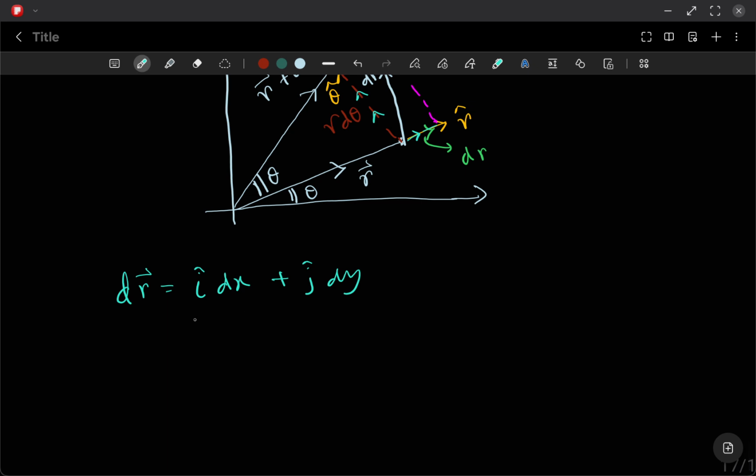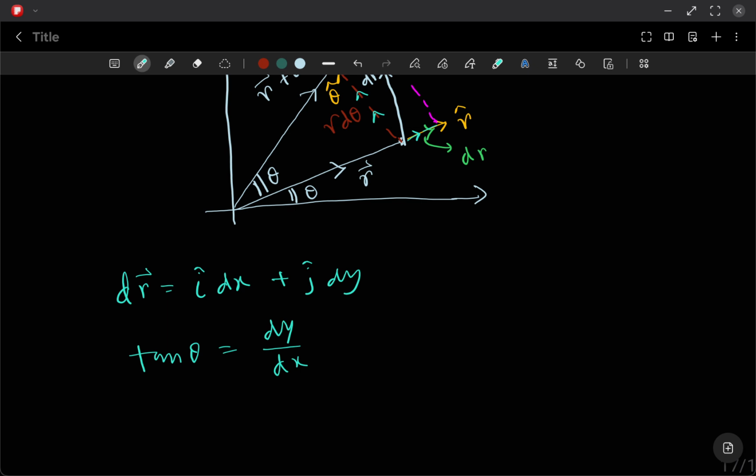From here we can say that tan theta, the slope of the tangent, is dy by dx. Again, we know for lines of force, the intensity is along the tangent to the lines of force.